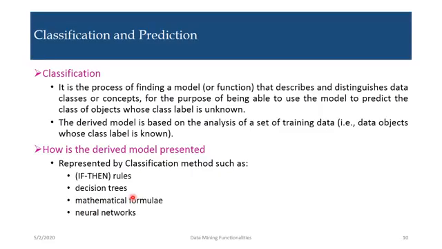So a decision tree can also be used to generate classification rules. We test at the root node, then a branch is generated, then we test at the branch node, then the next branch is generated, and so on. At the leaf node we have the class label attribute. Like that we have mathematical formula and neural network. A neural network is a collection of neuron-like processing units with weighted connections between the units.